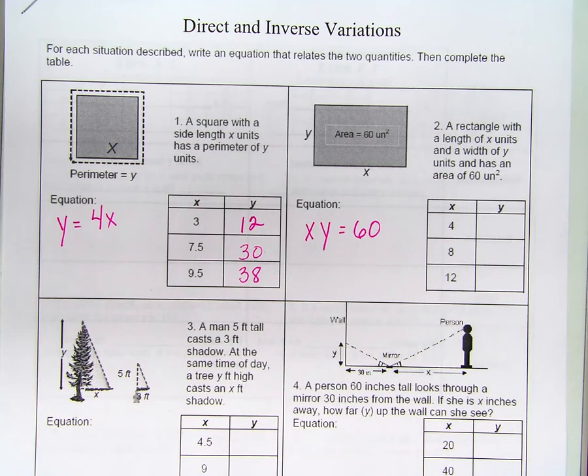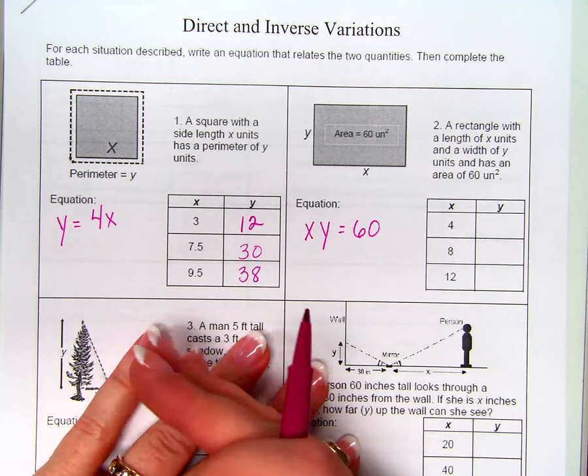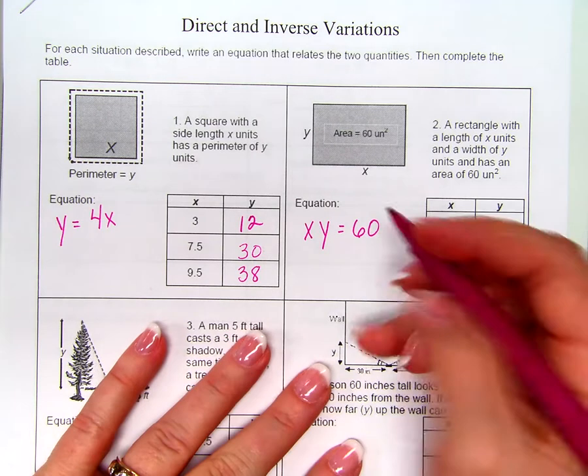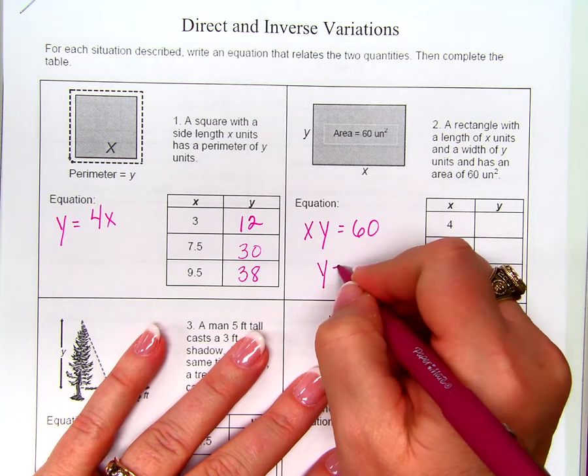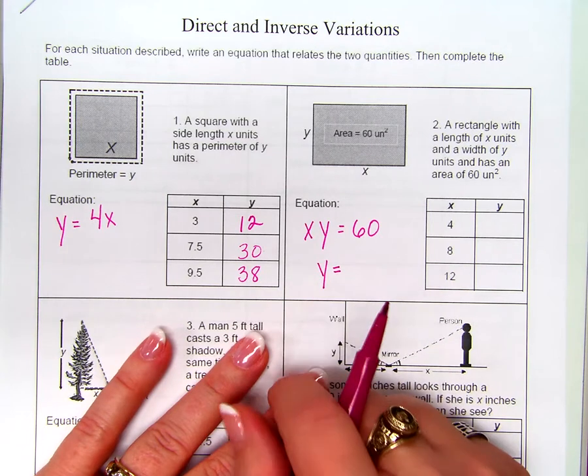Okay. Is this how we're used to looking at equations, though? It really isn't, right? How are we used to looking at them? Y equals, right? Well, what would this equation be if it was y equals?